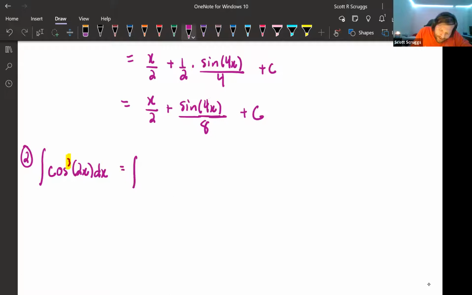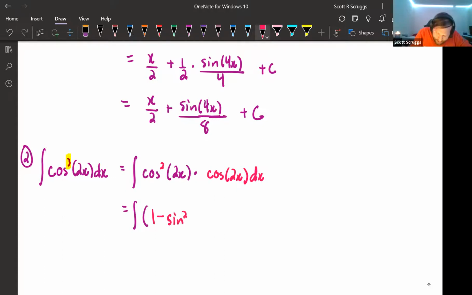And what that says is take 1 away from the exponent, marry it with the dx to get ready for du, and use the Pythagorean identity to rewrite the cosine squared of 2x in terms of sine.